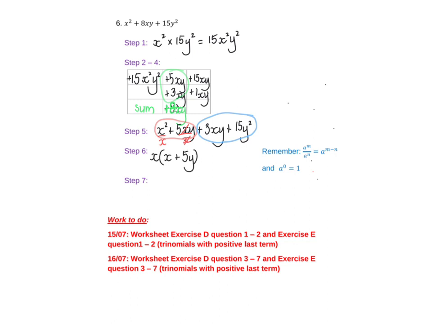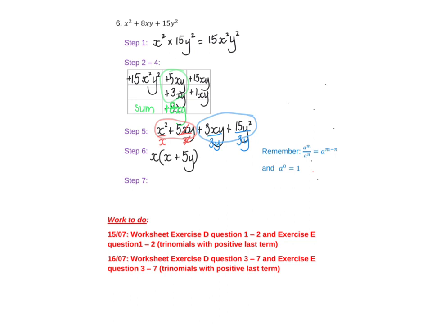For the second group, we're going to look for a common factor, and we see there's a 3 in each. 15 can also divide by 3. 3 can divide by 3. And then there's at least a y. So 3 for each, and at least a y that we have in each of the terms. So 3y is the common factor here.